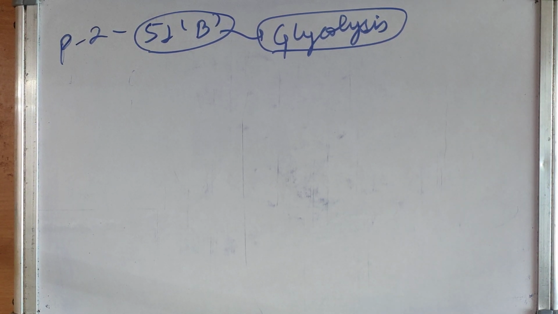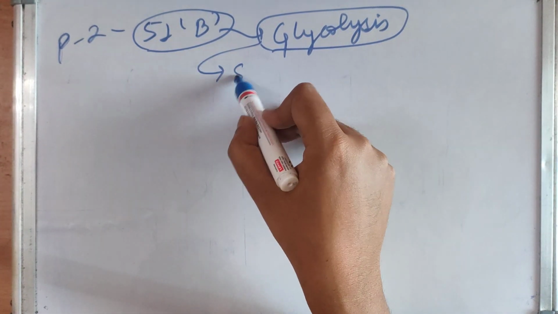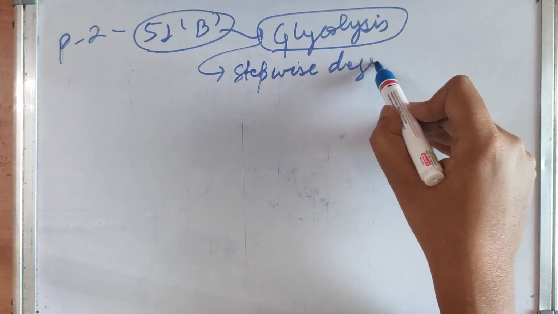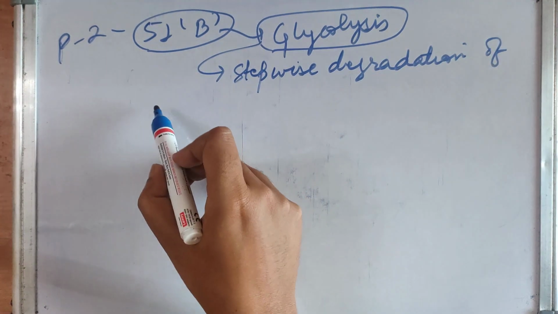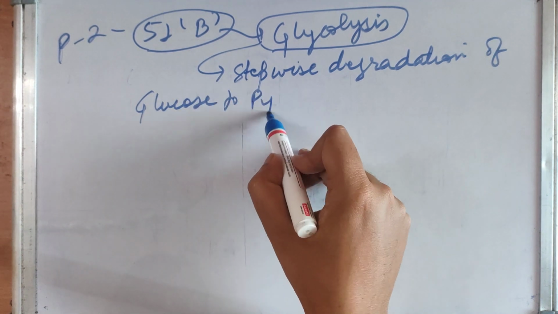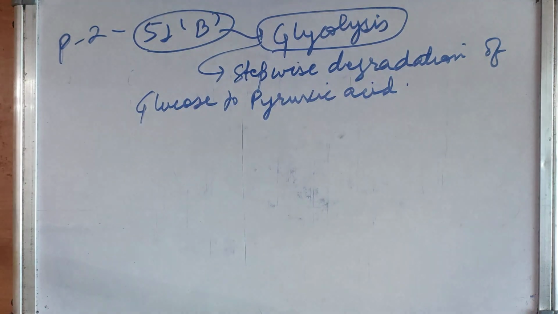So what is glycolysis? It is the stepwise degradation of glucose to pyruvic acid.